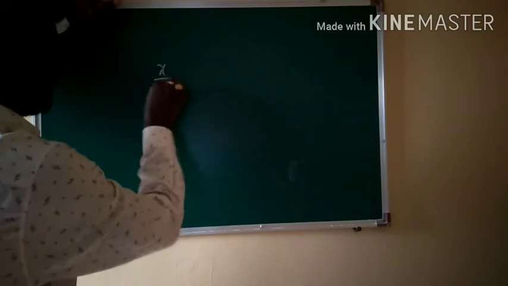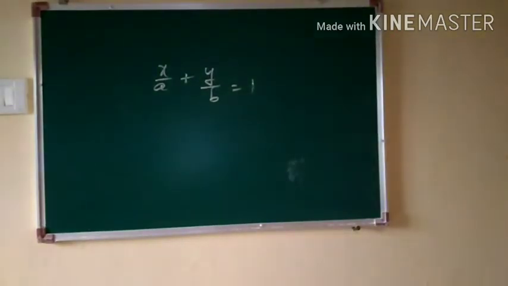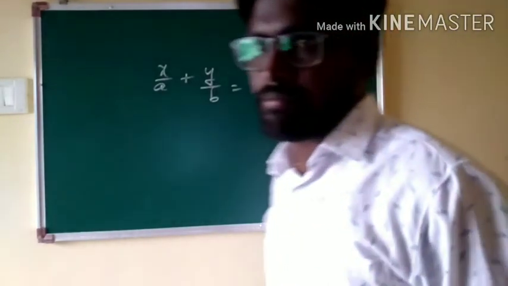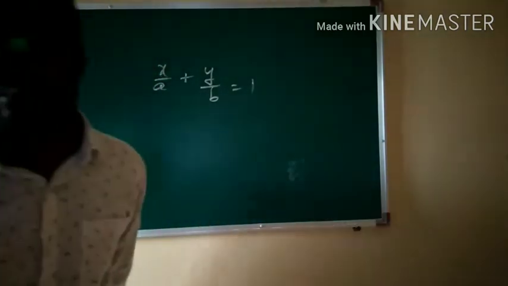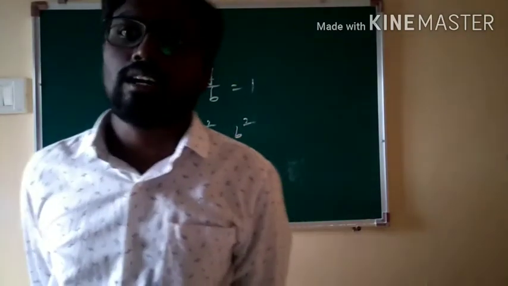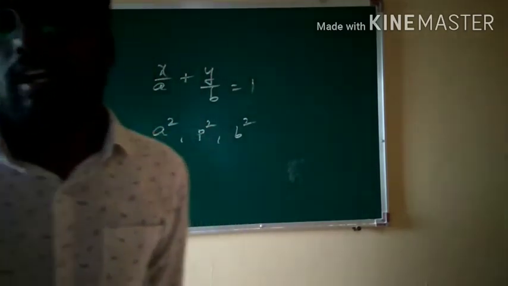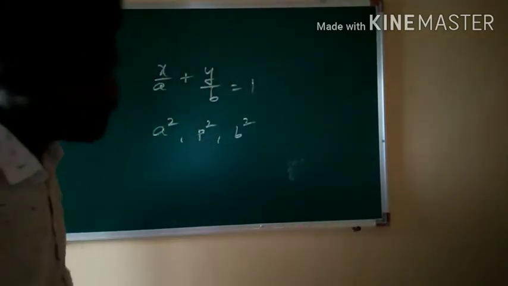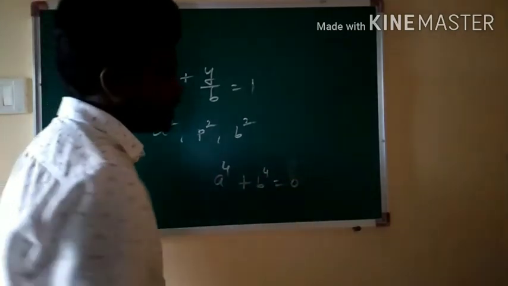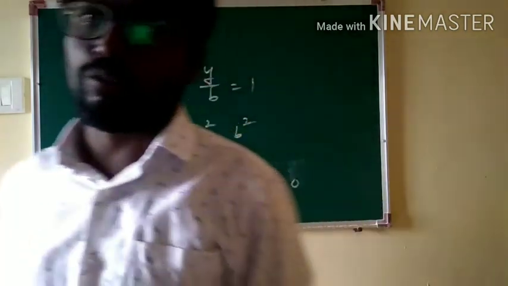If p is the length of perpendicular from the origin on the line x by a plus y by b equal to 1, and a square, p square, b square are in arithmetic progression, then show that a power 4 plus b power 4 equal to 0.